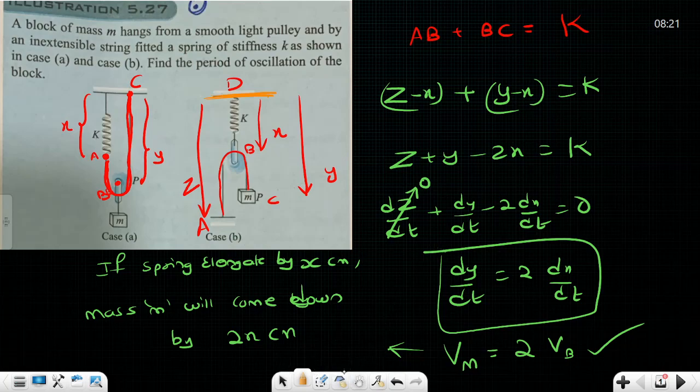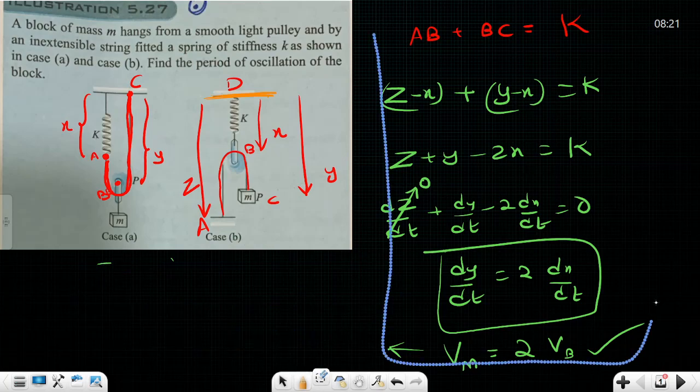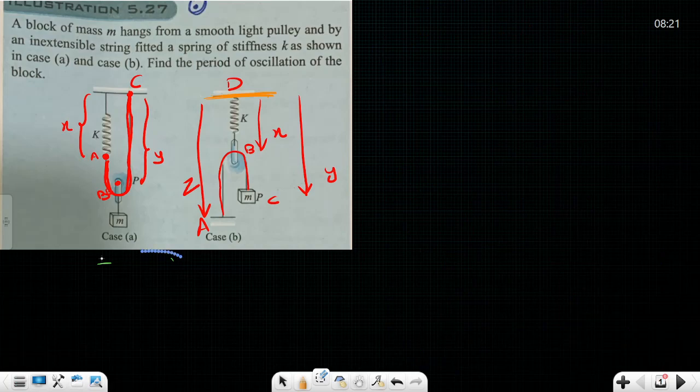So now what I'm going to do is, let's say mass got stretched by x distance. From the previous constraint relation, what we can understand, we got the previous constraint relation.